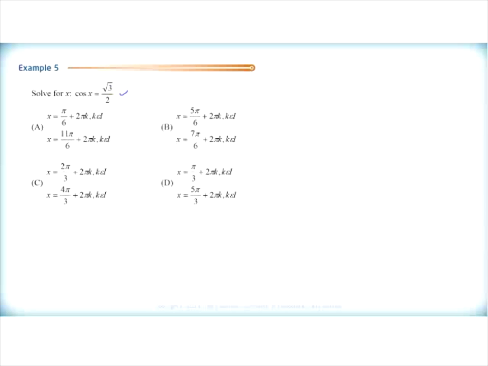So again, let's consider where cosine is positive. Cosine is positive in these two quadrants here. And I'll draw terminal arms for you. Here and here.